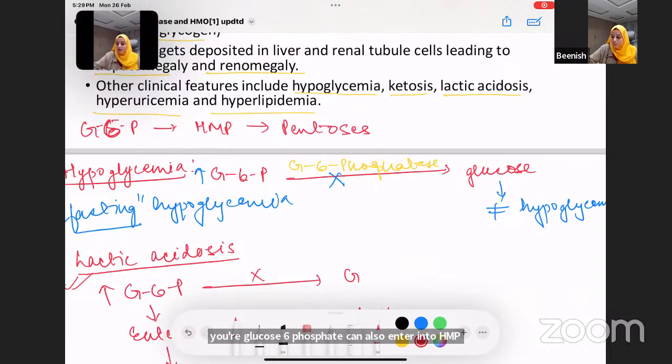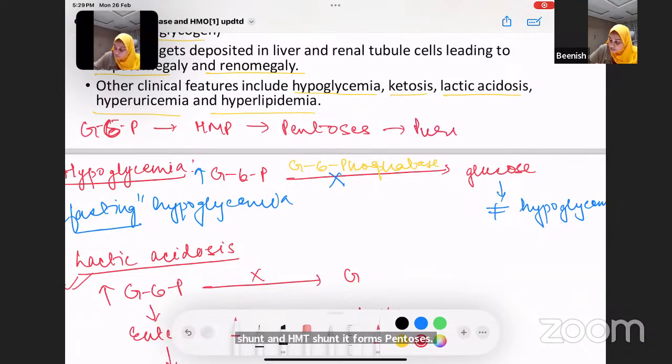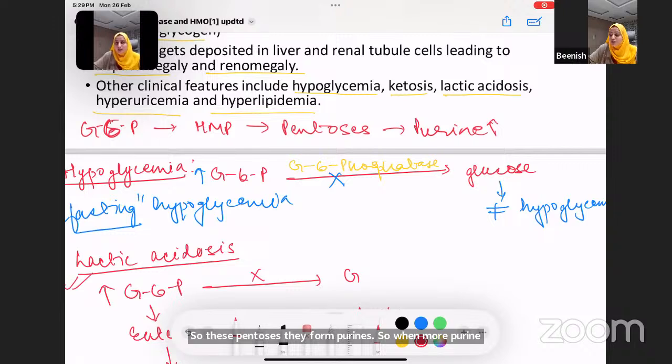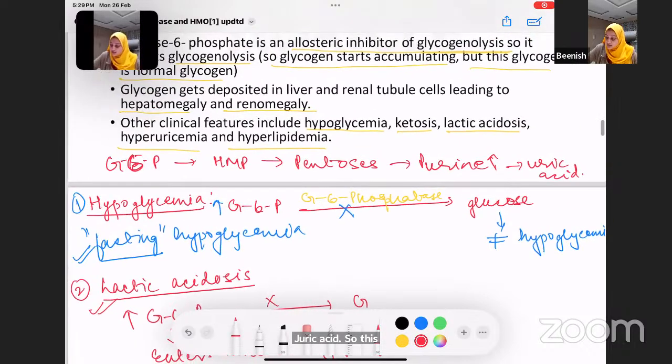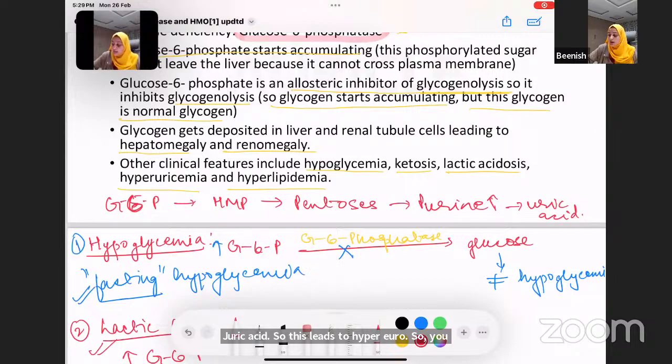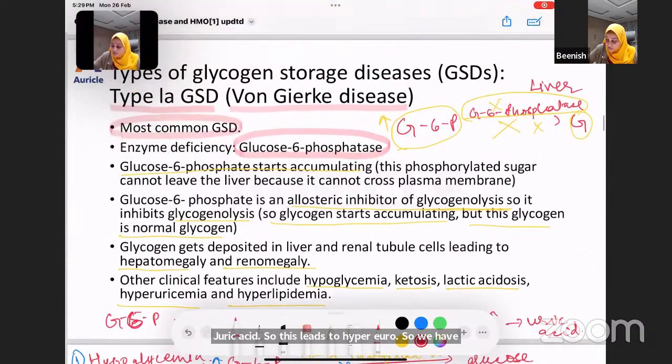These pentoses form purines. So when more purine is formed, obviously more purine will be degraded, and the degradation product of purine is uric acid. So this leads to hyperuricemia. So we've discussed all the important chemical hallmarks of von Gierke's.